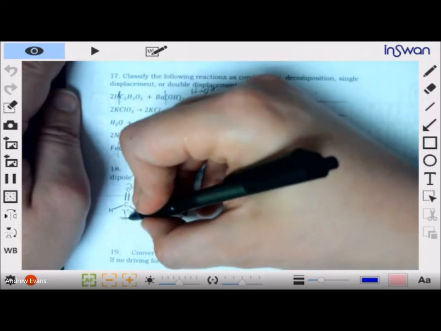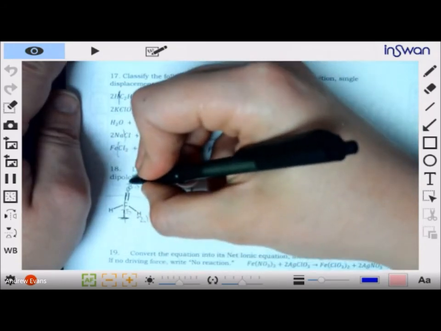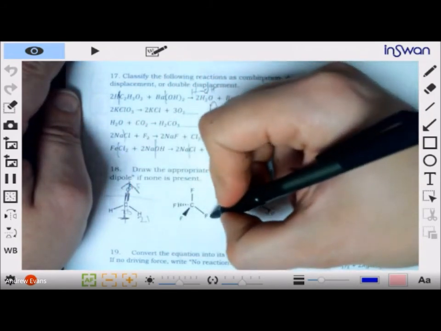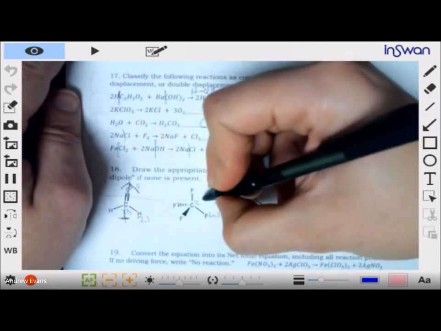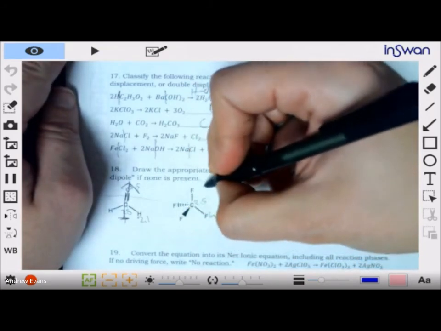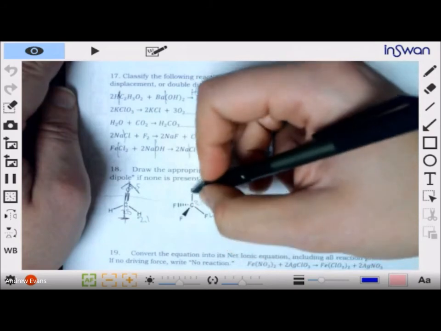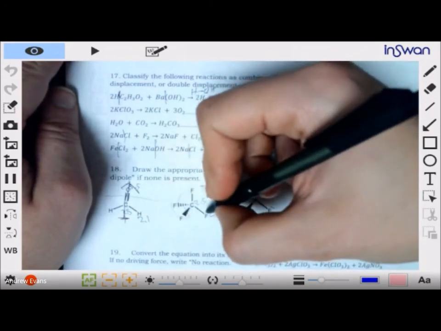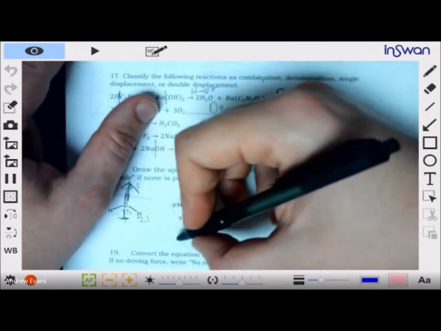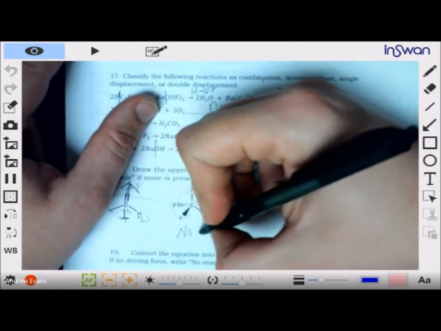So plus on the lower, arrow going up. Dipole. Now this is 4.0, 2.5. Very polar bond. However, it's tetrahedral. So all the outer atoms are the same. So it's a very symmetrical shape, means no dipole.